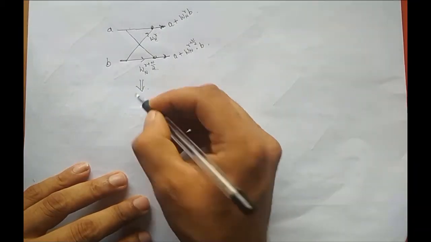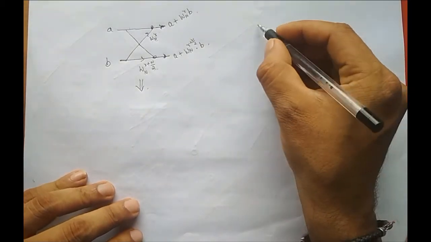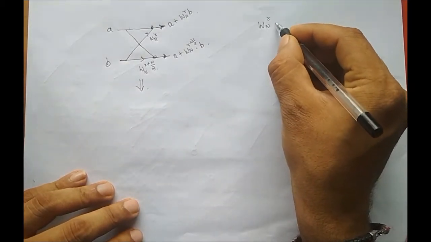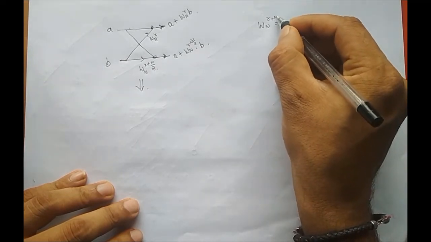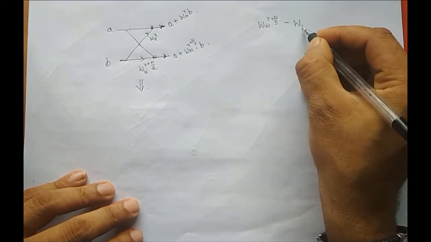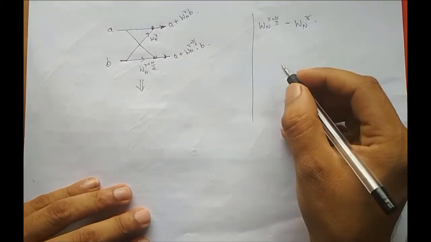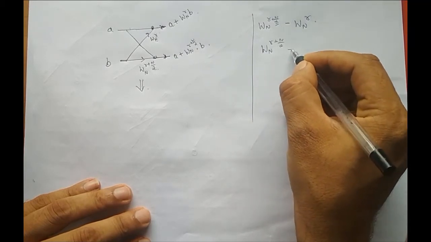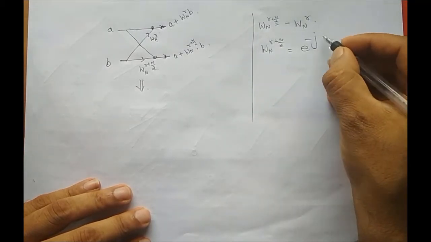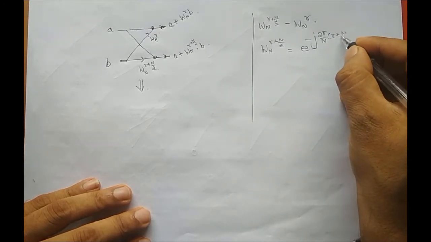Now I can simplify this butterfly using a property: Wn power R plus n by 2 is equal to minus of Wn power R. We can prove it in a few simple steps. So Wn power R plus n by 2 is equal to what? e power minus j 2 pi by n into R plus n by 2.